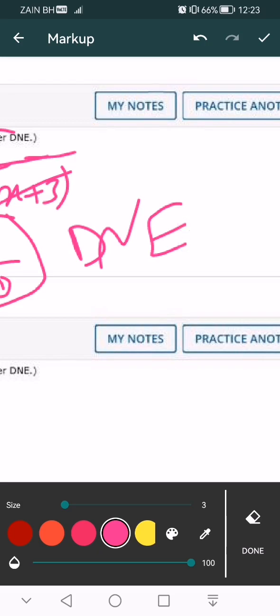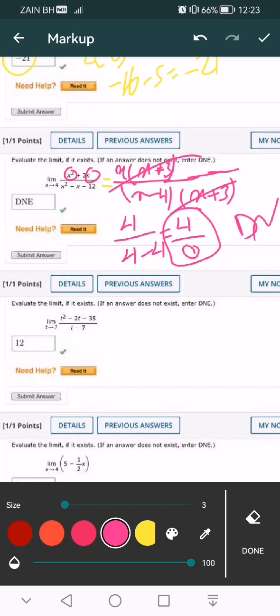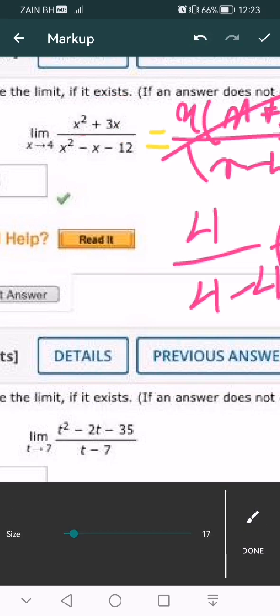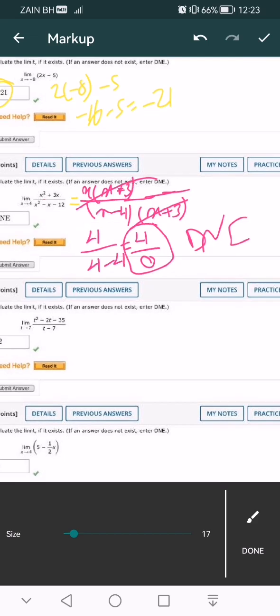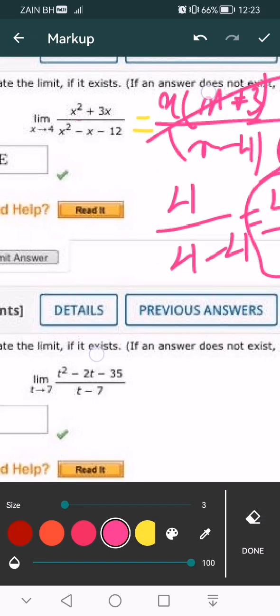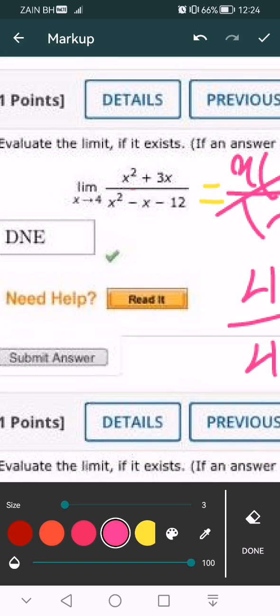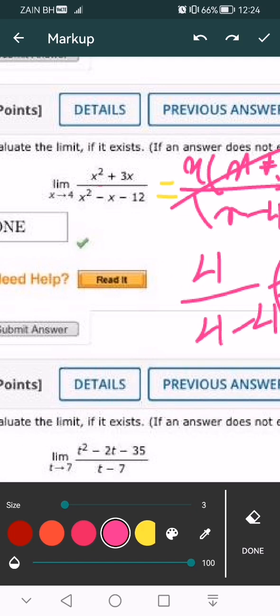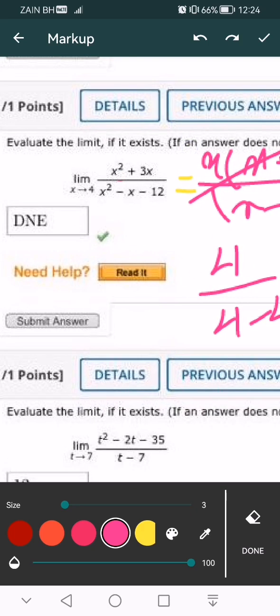Okay, if you want, I think it is clear. First of all, I take the common factor from here and here because I have 2x. So common factor, I take x from here, here and here, and put it like this, and then the remaining is x plus 3 because I take that x from each side.